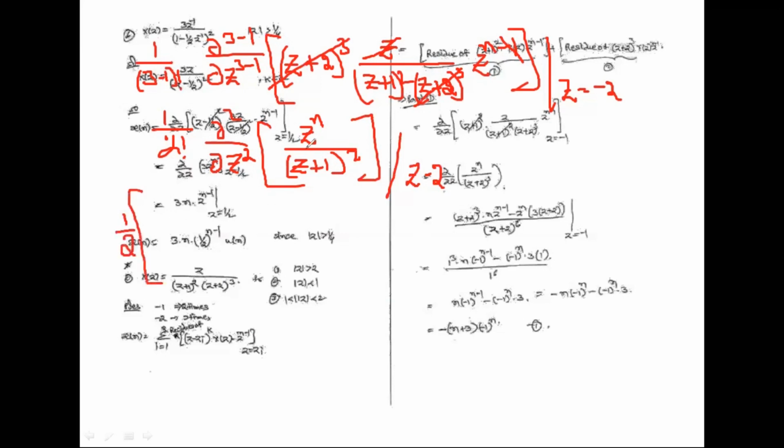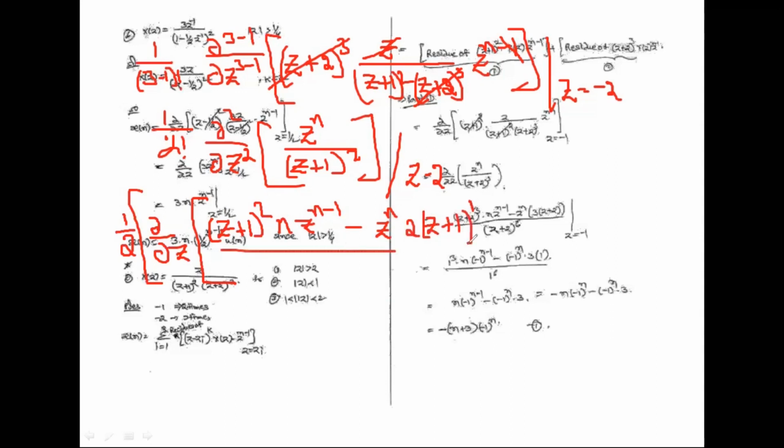I'm taking here the u by v rule, dou by dou z of dou by dou z of. Take the first one, (z plus 1) whole square, and apply the derivative for this one: u is n into z power n minus 1, minus take the v, z power n, and 2 into (z plus 1) whole power 1, whole divided by (z plus 1) whole square, it becomes (z plus 1) whole power 4.